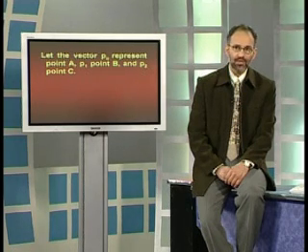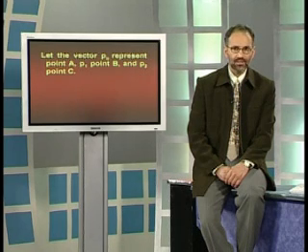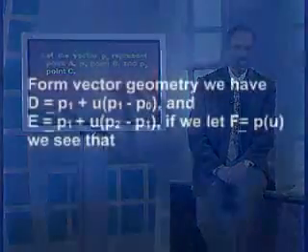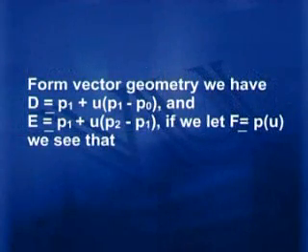So let the vector p0 represent point A, p1 represent point B, and let p2 represent point C. From the vector geometry, we have point D given as p0 plus u times (p1 minus p0), and point E can be given as p1 plus u times (p2 minus p1).